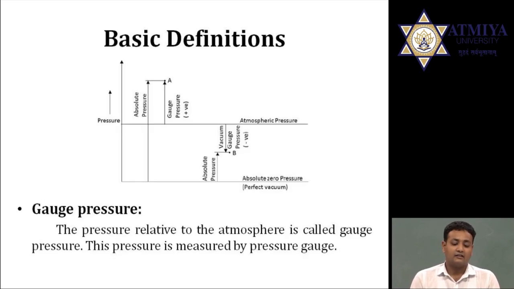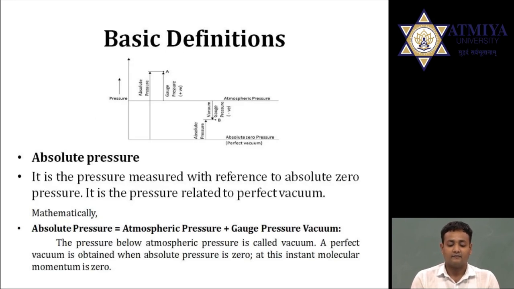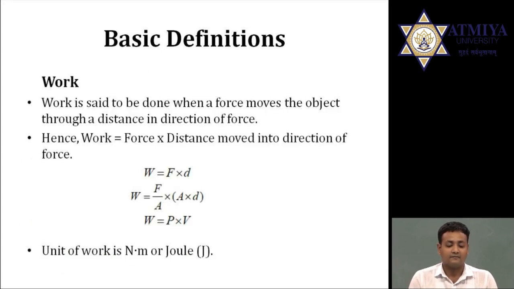Gauge pressure: the gauge pressure is measured relative to the atmosphere, and it is generally measured by a pressure gauge. Another is absolute pressure. It is a pressure measured with reference to the absolute zero pressure, which is related with the perfect vacuum. So mathematically, absolute pressure is the atmospheric pressure plus gauge pressure.